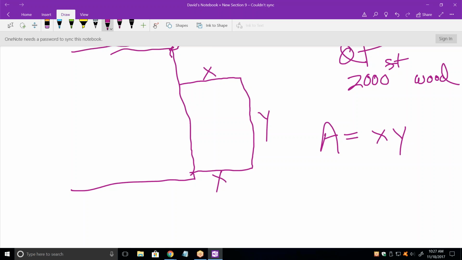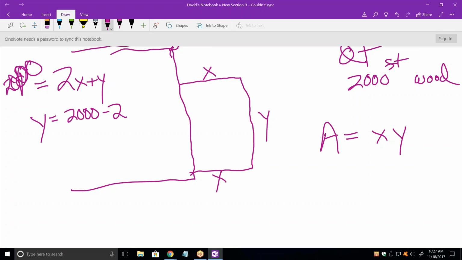Well, let's go over here and look at another equation. The perimeter is what? According to my picture, 2x plus y equals the perimeter, and we know that the perimeter is 2,000. That's how much wood we have. So if I solve this equation for y, I get y equals 2,000 minus 2x.